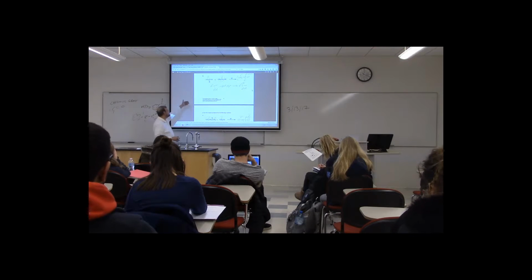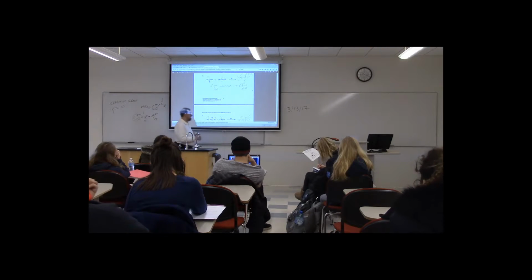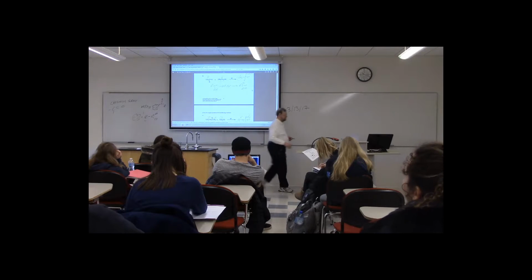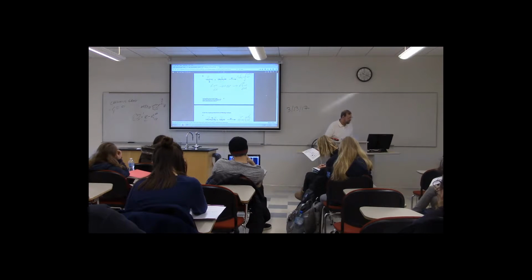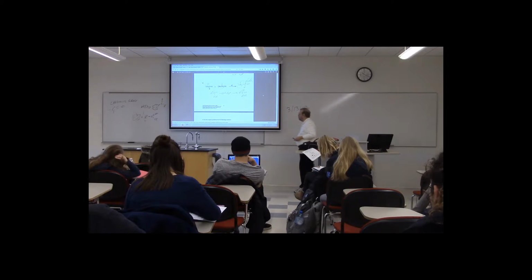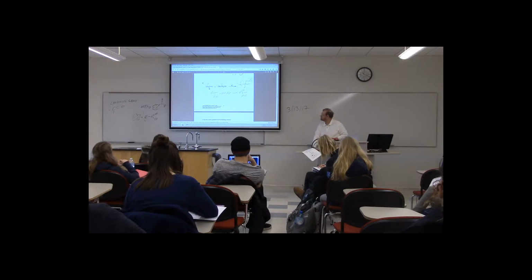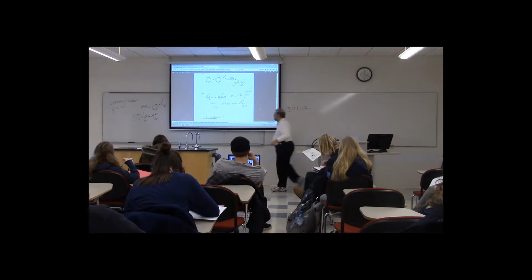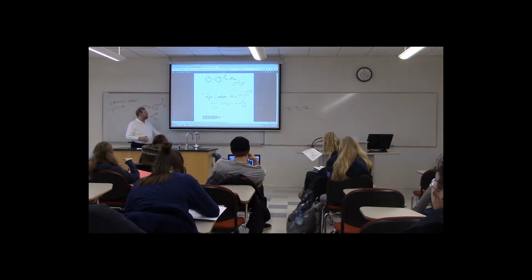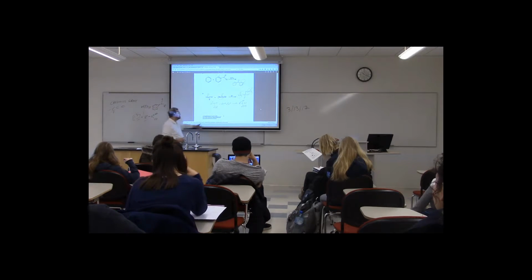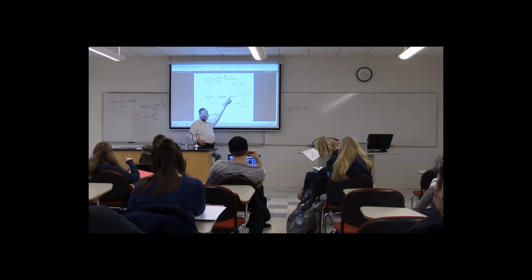Let's take a look at H. If we look at H, what's different? We have carbon double bonded to oxygen, carbonyl. What else do we have that's different? Alcohol, carbon, hydroxyl. We're reacting with H+.